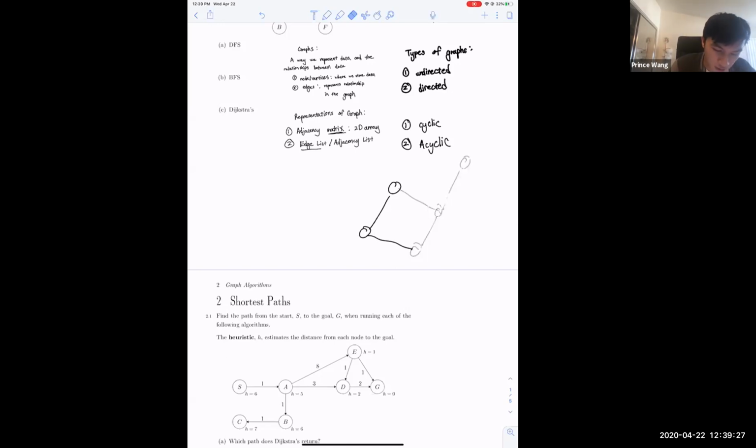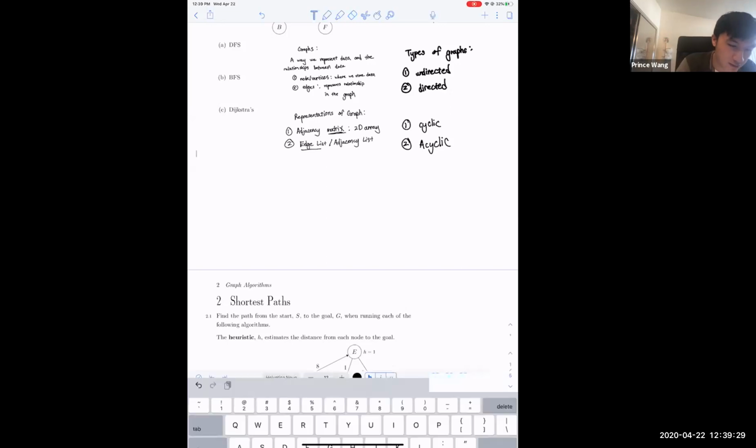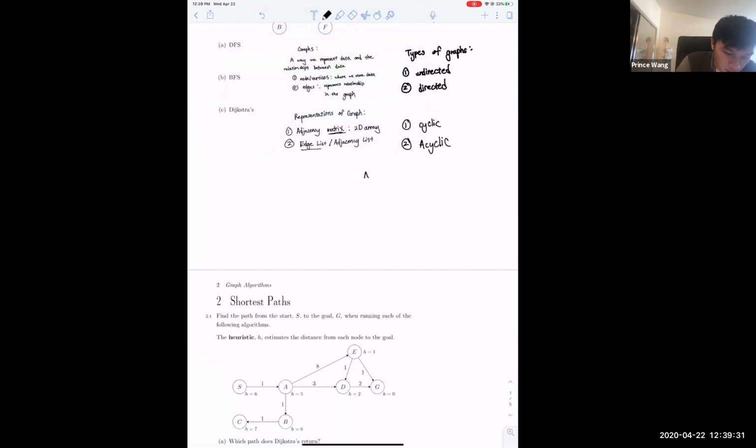So I'll give you guys a precise definition of cycle. A cycle is a path such that without repeated nodes, you can traverse, that means move, from one node back to itself.